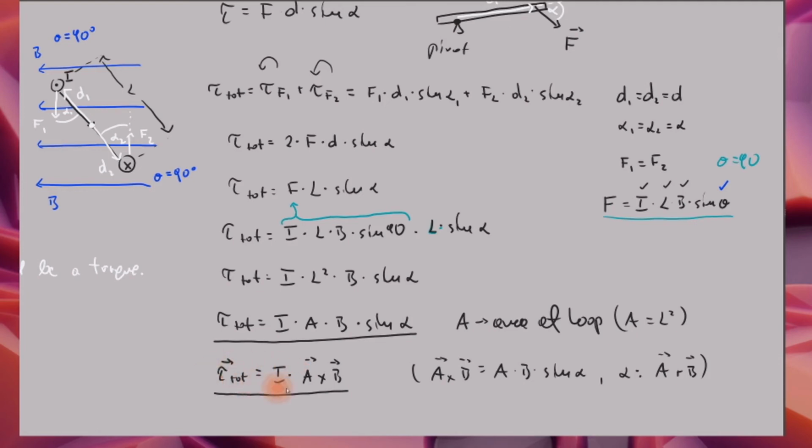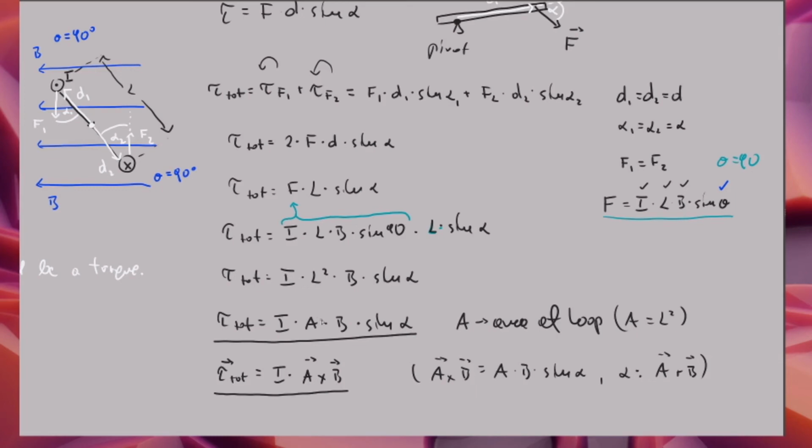In algebra-based physics class, we won't really need it. So if you're in algebra-based physics class, you're responsible for this equation. If you're in calculus-based physics class, you're responsible for both of these equations.